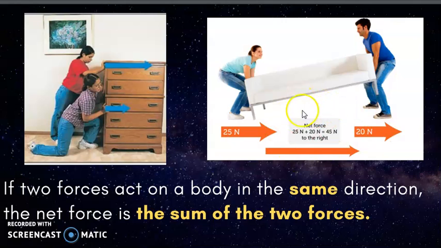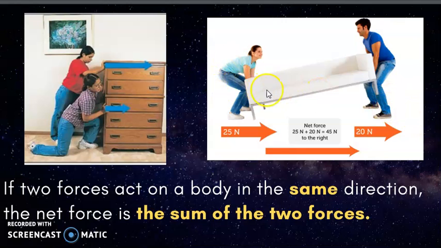So what would be the net force that is applied? If this lady is applying 25 Newton force and this man is applying 20 Newton force, in total 45 Newton force is applied on this body, because both are moving in one direction.